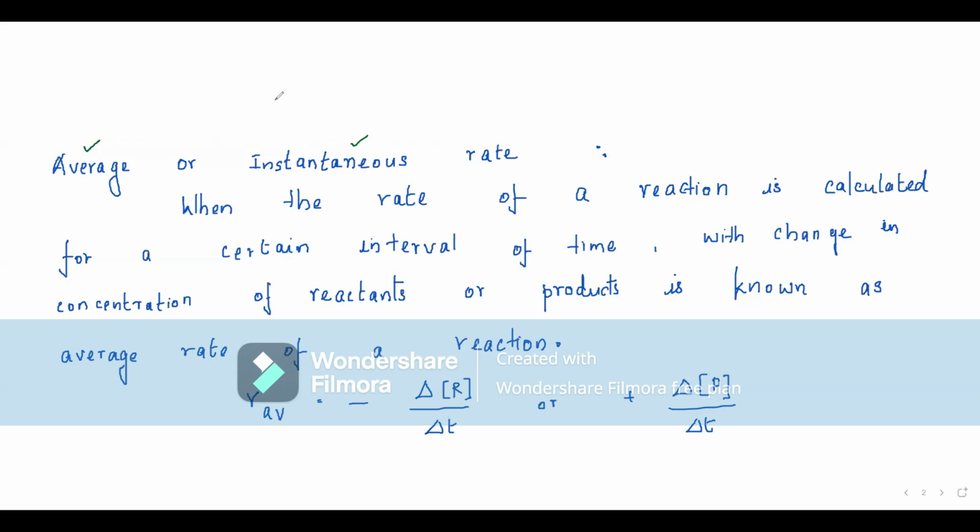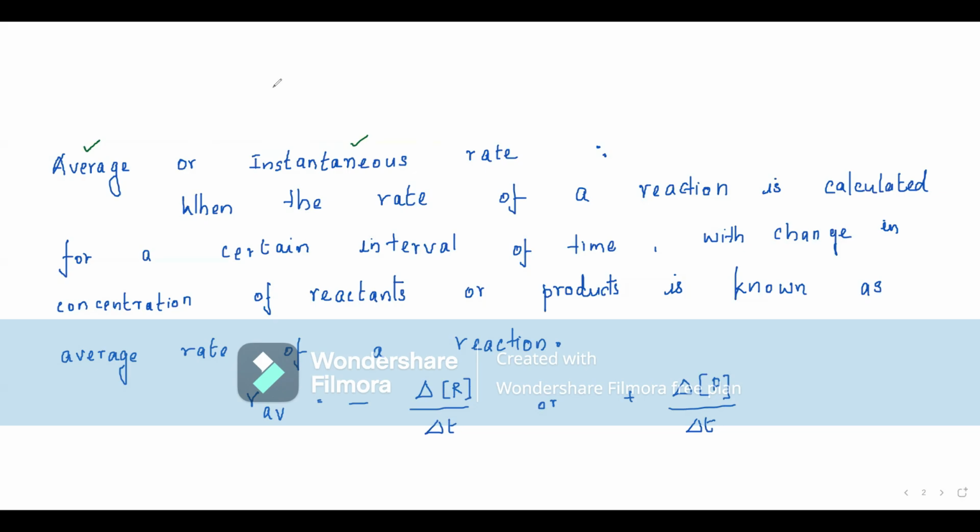when you are calculating the change in concentration of either the reactant or the product, but over a period of time, say in 30 minutes, this is the change, or say in 15 minutes, this is the change, in the concentration of product or the concentration of reactant.